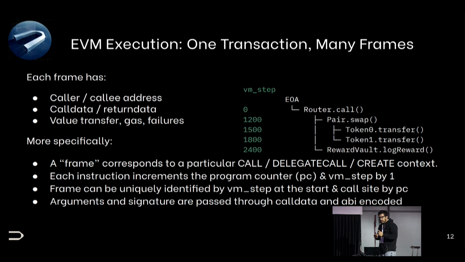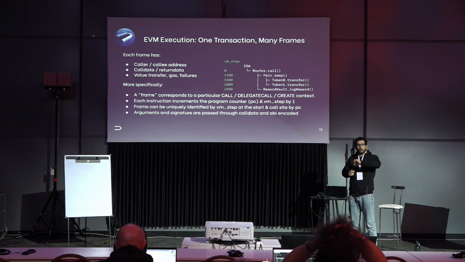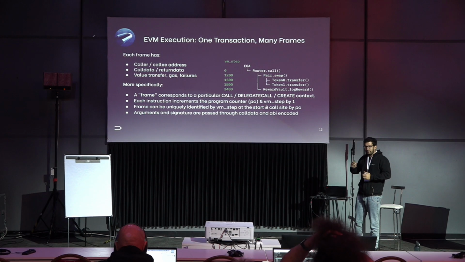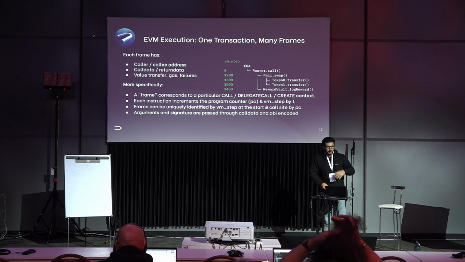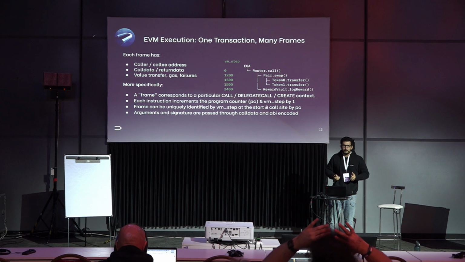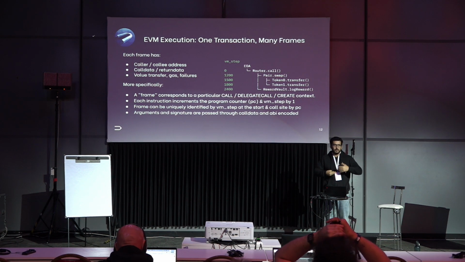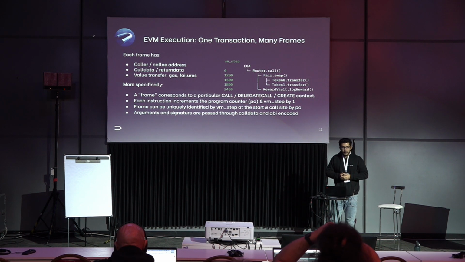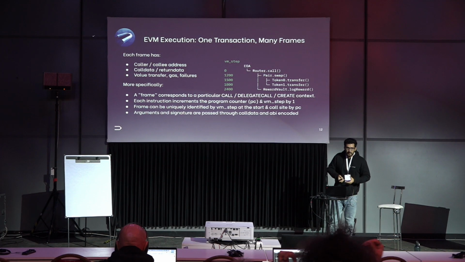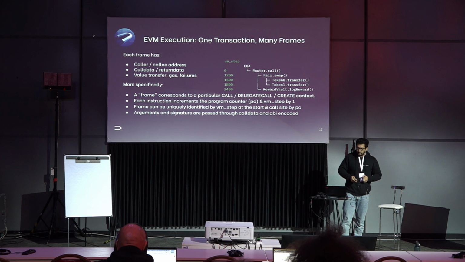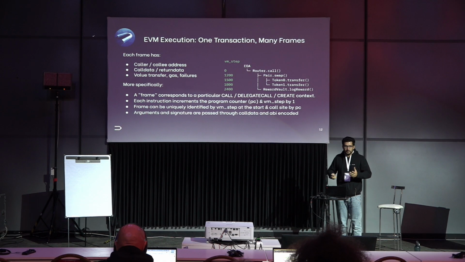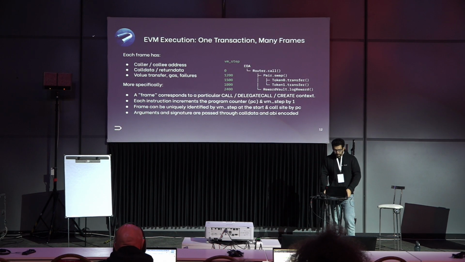The program counter in a frame, we can also record, and that becomes the call site of the current frame as well. Another thing you should note is that arguments are ABI encoded when you are calling a function, and they are passed through call data, and the return values are passed through a buffer called the return data. Again, everything is ABI encoded.